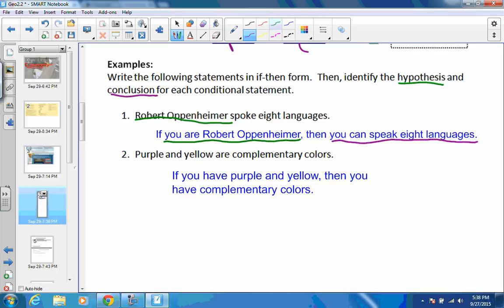So we're not going to go into too much detail with that. But the way I have written it, the hypothesis would be that you have purple and yellow. Then the conclusion would be that you have complementary colors. All right? So that's basic conditional statements.